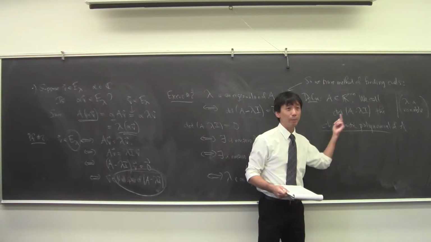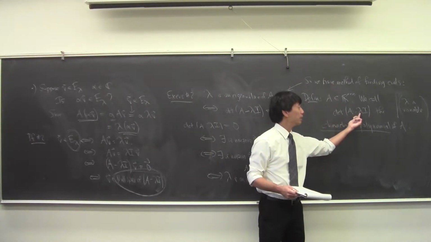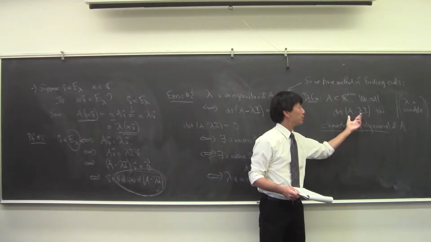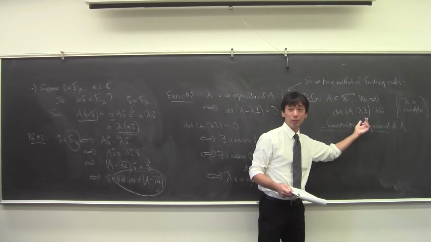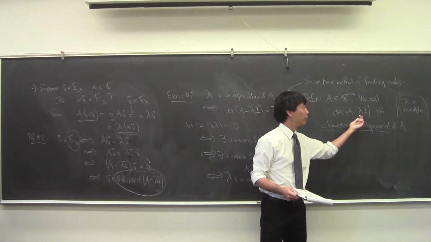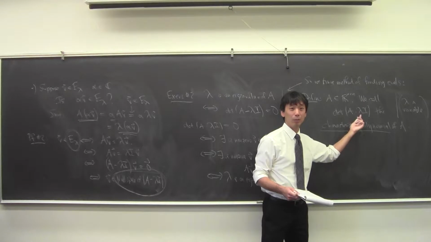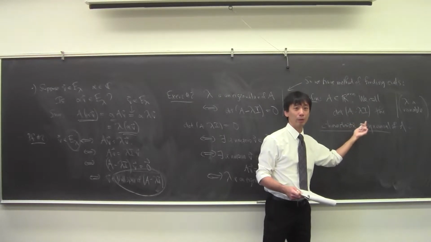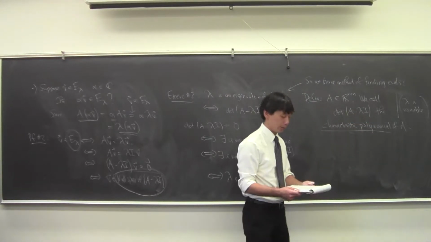So this lambda is varying, and you get a polynomial in lambda, and we're going to look for what lambda makes that polynomial 0.